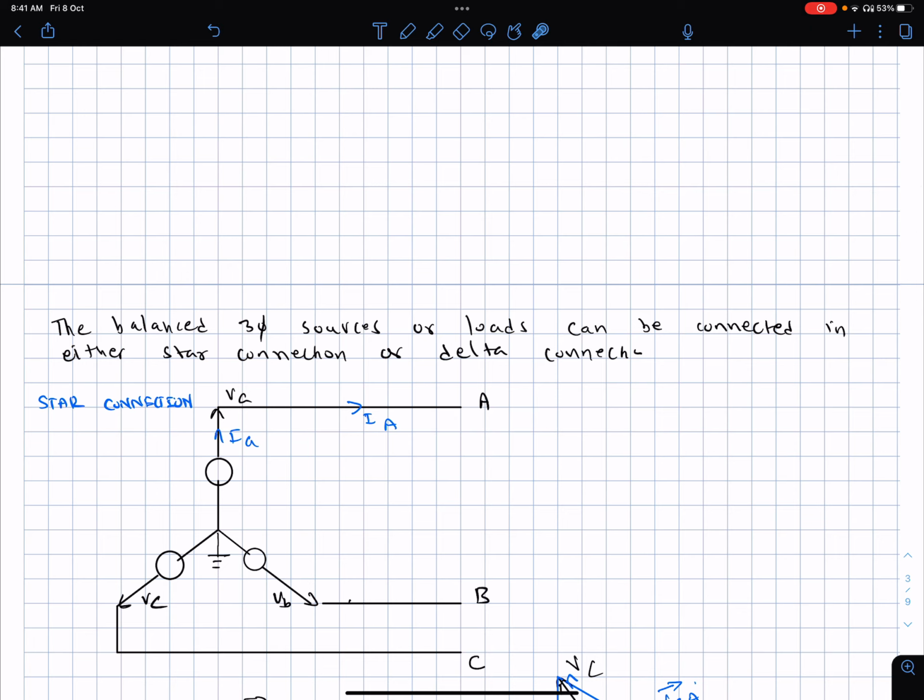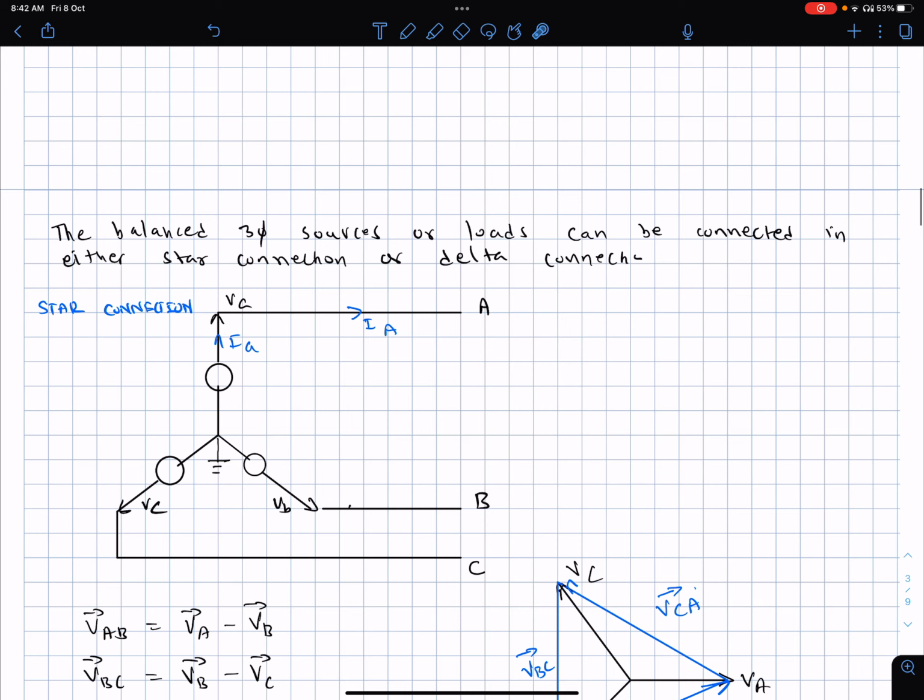Now, the balanced three-phase sources or loads can be connected in either star connection or delta connection. So I have already shown you the Y connection or the star connection. Now the terminals, if a generator is, for example, connected like this, and outside you are given these three terminals and a neutral terminal which you have grounded. Or you may not have grounded, but grounding is usually advisable for safety reasons. We are standing at zero potential.